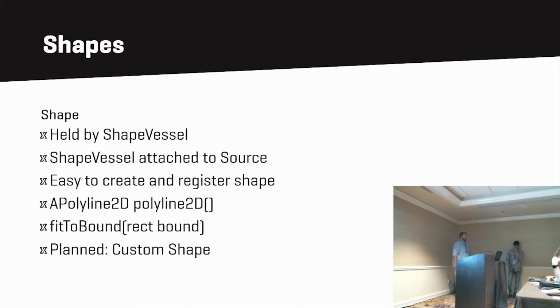Then you also have a method called fitBound, which takes a rect, and what should happen then is that your shape should expand to that bound. And we also have a planned feature, the custom shape, which is that the user themselves should be able to just hand draw a shape, kind of like custom shapes, and save it, use it further down the line.